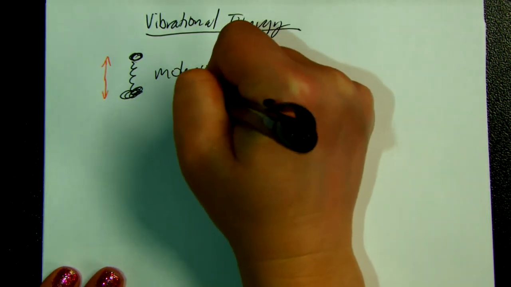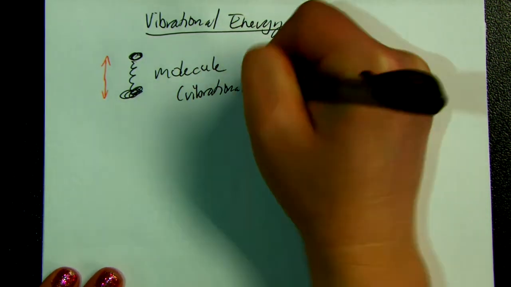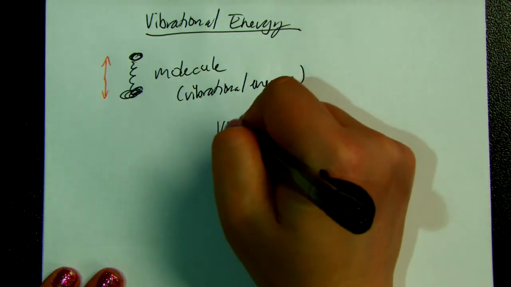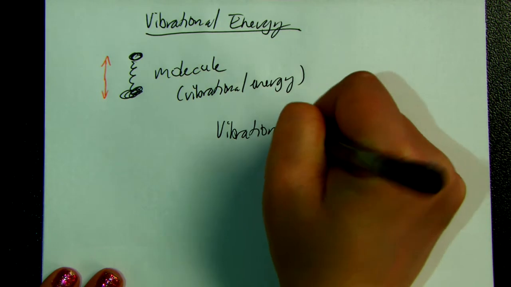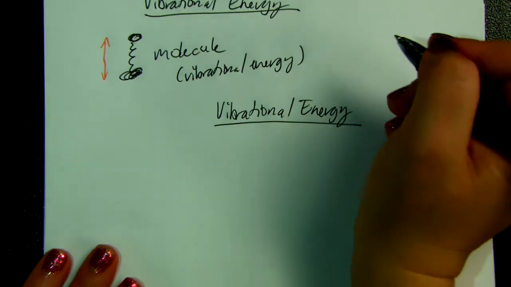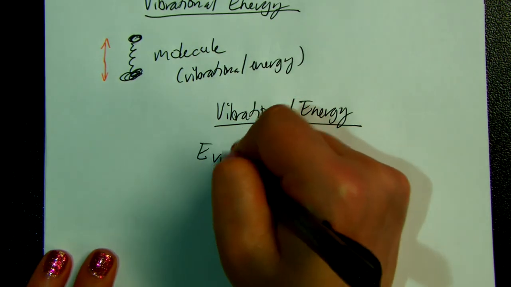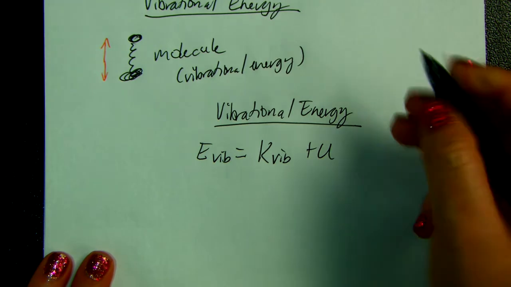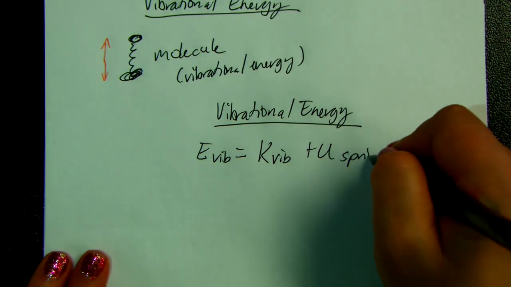It's got some vibrational energy. We saw this when we looked at spring systems. So E vibrational is just the kinetic energy vibrational plus the potential of the spring.